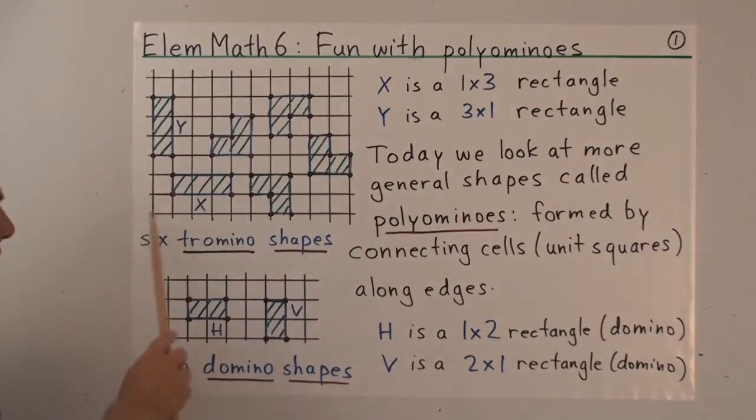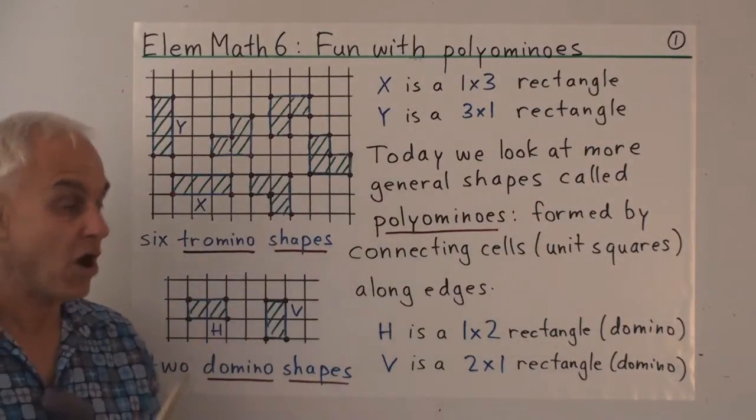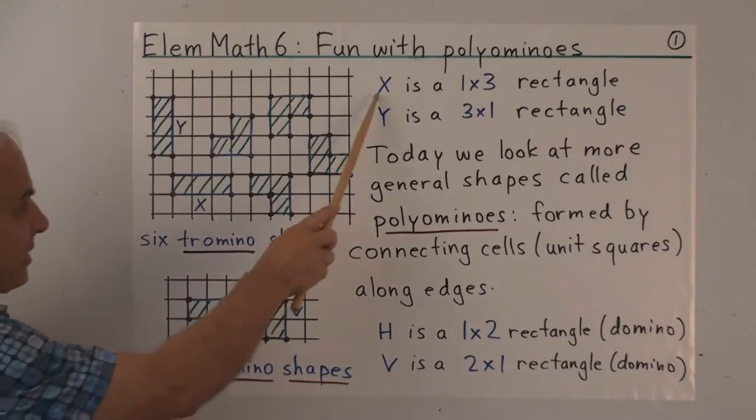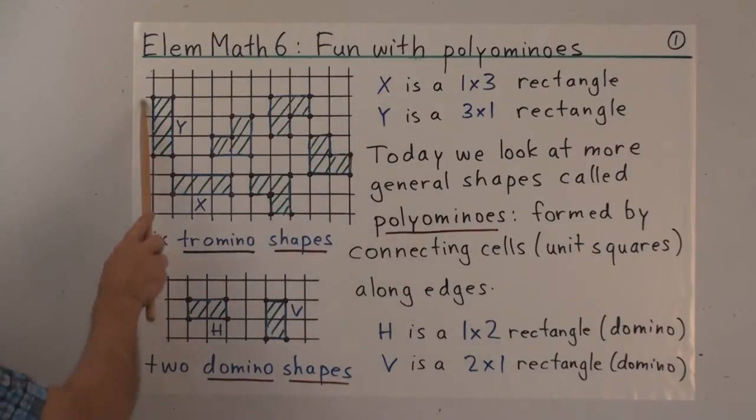So I remind you, here's our grid plane, and we've already talked quite a lot about things like this. This is a rectangle, and this is also a rectangle, but they have slightly different shapes, although they look quite similar. This is a 1 by 3 rectangle, X, while Y is a 3 by 1 rectangle.